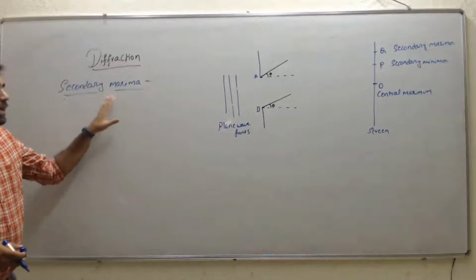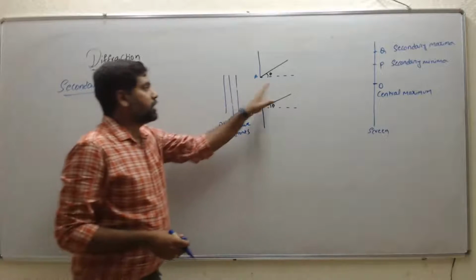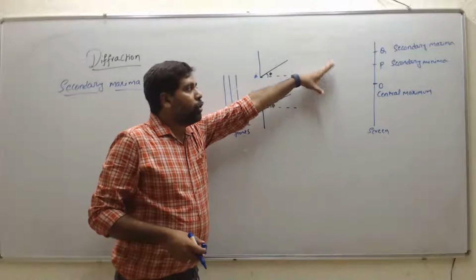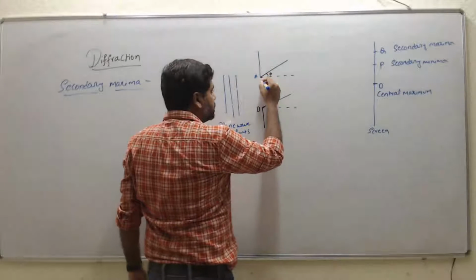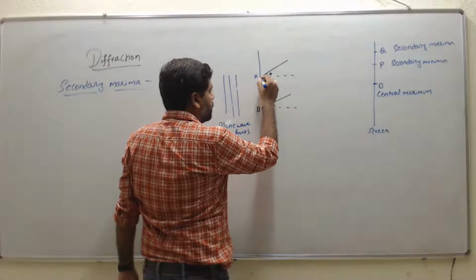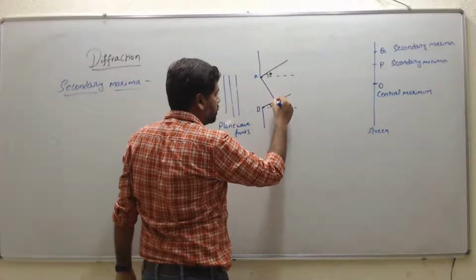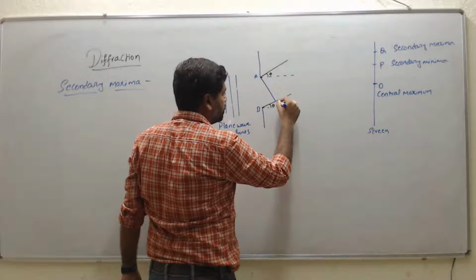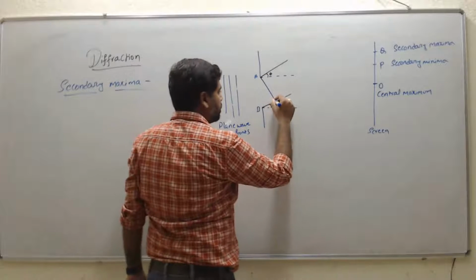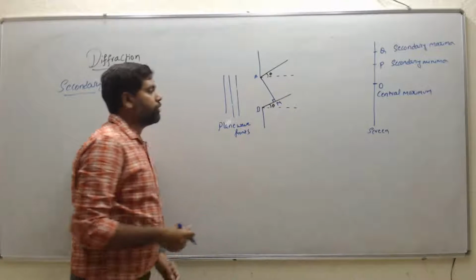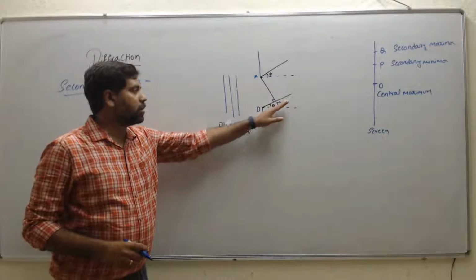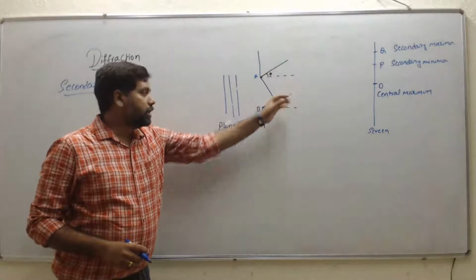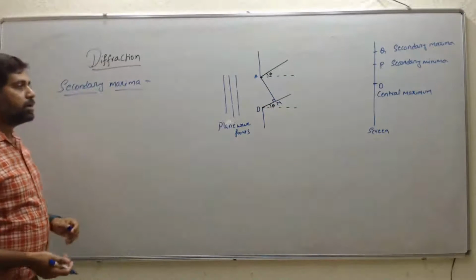Hence, we are going to study the condition at which these rays meet at Q. If we draw a perpendicular from A to the wavefront at B, then AM is the perpendicular, and BM becomes the path difference.